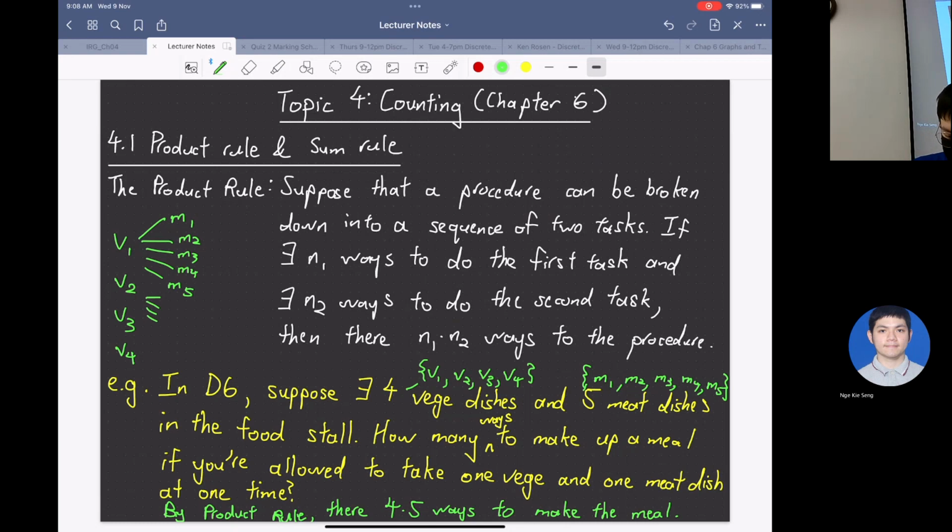So this chapter is very closely related to sets. Talking about this product rule, when I first came back from studying in Australia, because in Australia there are fewer Asian restaurants, and their economic rice is just like eight choices, and they never change the menu.